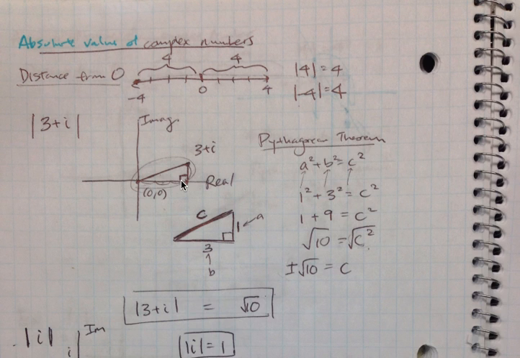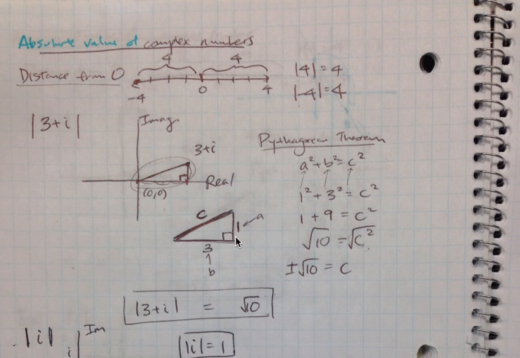We can use the theorem known as the Pythagorean theorem. From your geometry class, you know the Pythagorean theorem is a squared plus b squared is equal to c squared, where that letter c is your hypotenuse. So I went ahead and just drew that triangle out here to make it a little bit more clear. So here's my triangle.